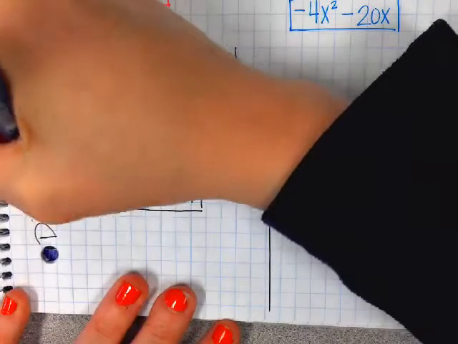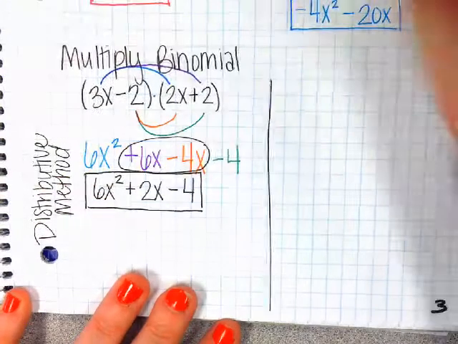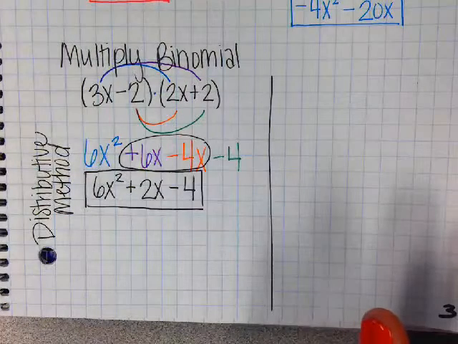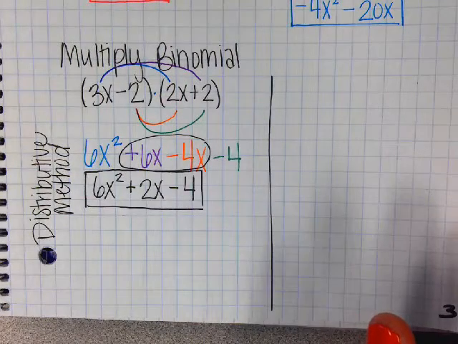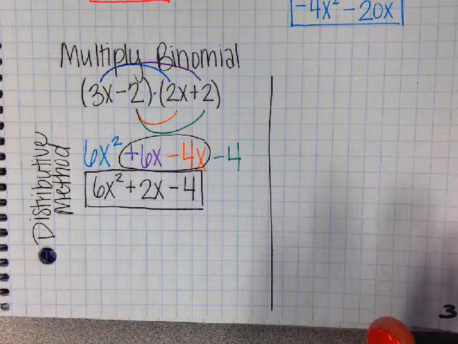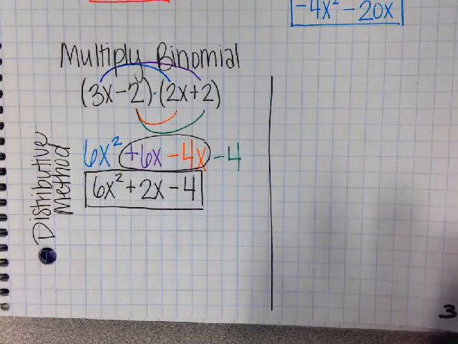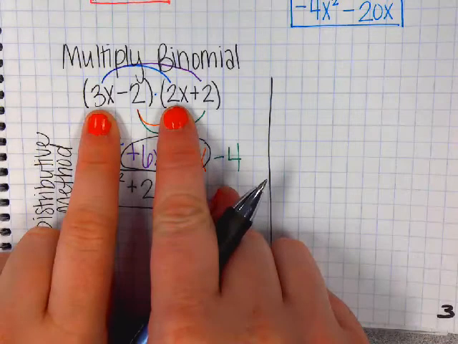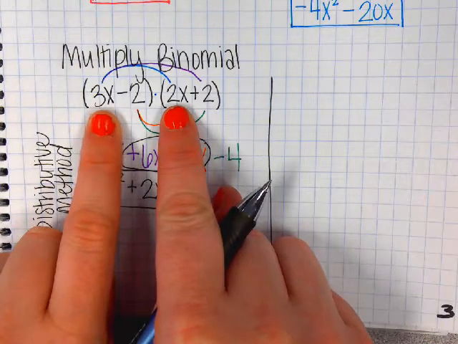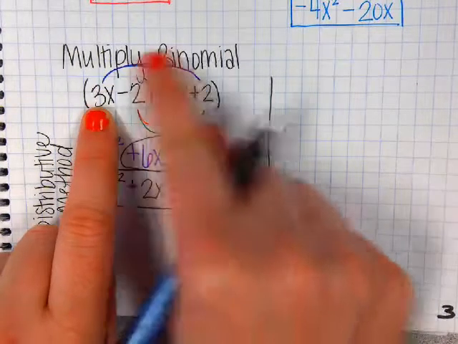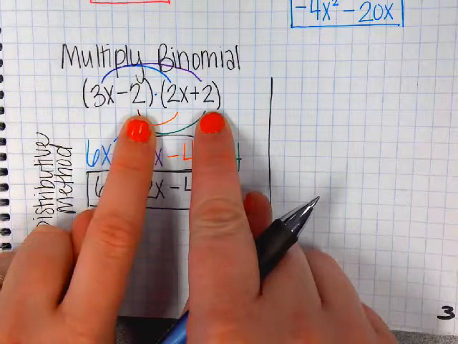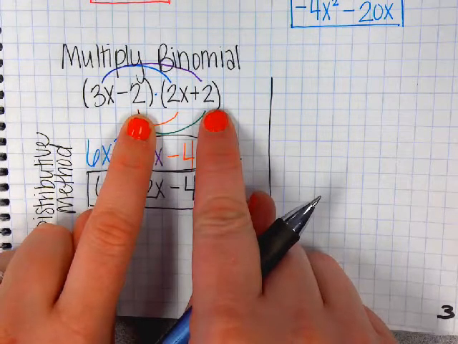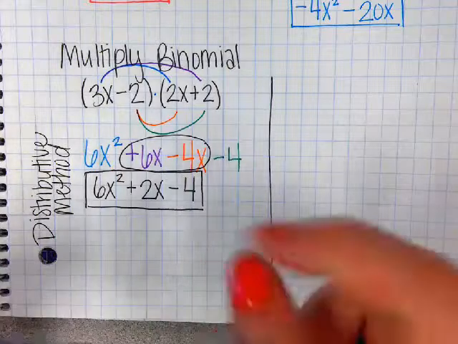So this was called the distributive method. Some of you guys, and I will never use this term again, but some of you guys have heard FOIL before. Remember the F in FOIL stands for first, so you multiply the first terms. Then it's O, so the two outside terms. Then I, inside terms, and then the two last terms.